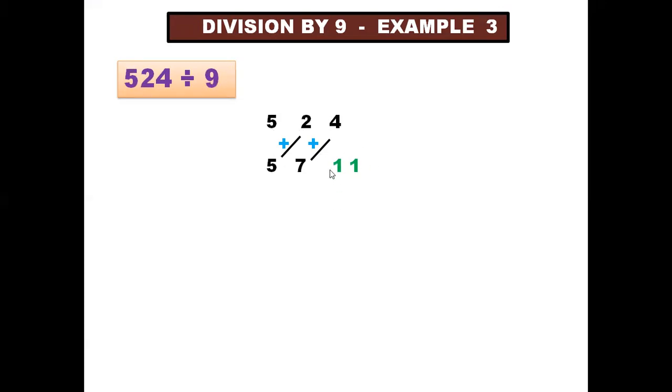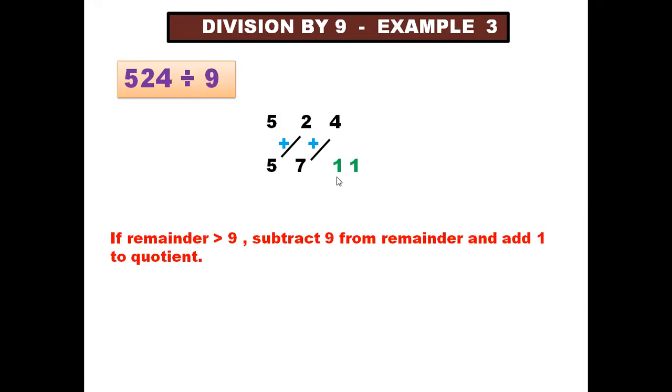But is 11 the remainder? No, because 11 is greater than 9, and we are dividing by 9. So 11 cannot be the remainder. What we do is we subtract 9 from the remainder, and since we are subtracting 9 from the remainder, we will add 1 to the quotient.